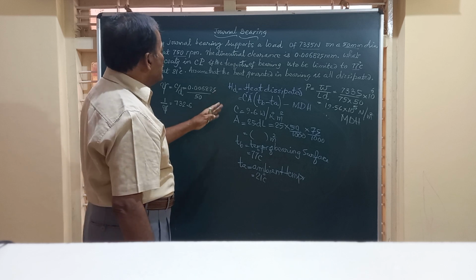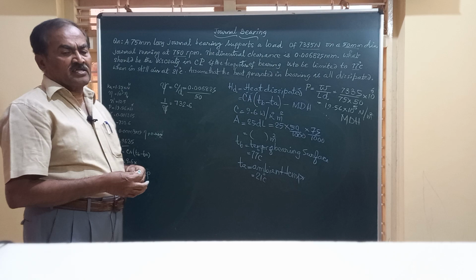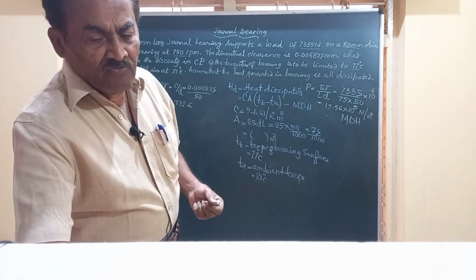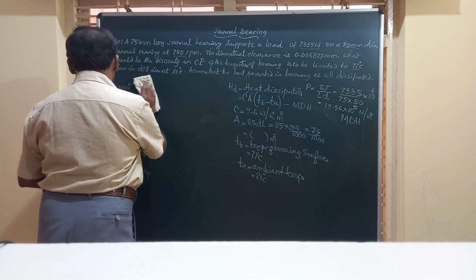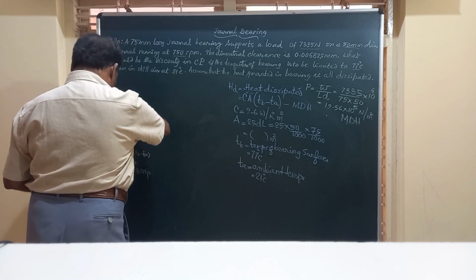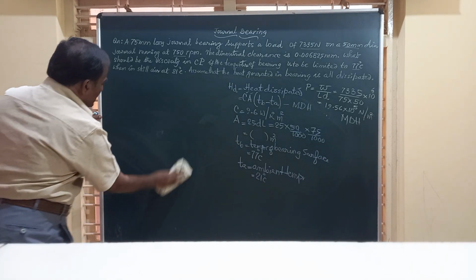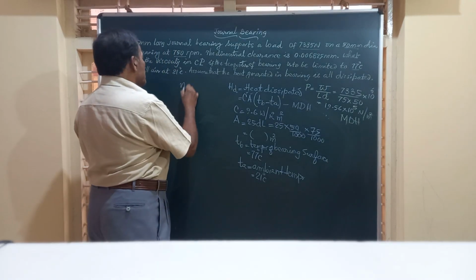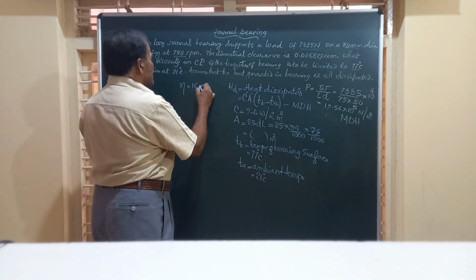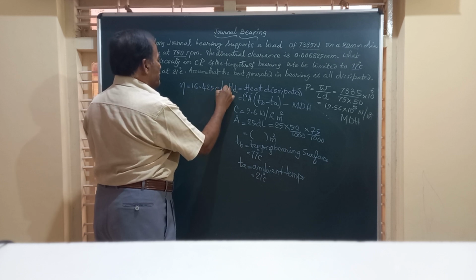And if you equate it to Hg, in Hg the only unknown parameter is the viscosity of the oil, and hence you will be able to get the answer of the viscosity as 16.425 centipoise, Cp.